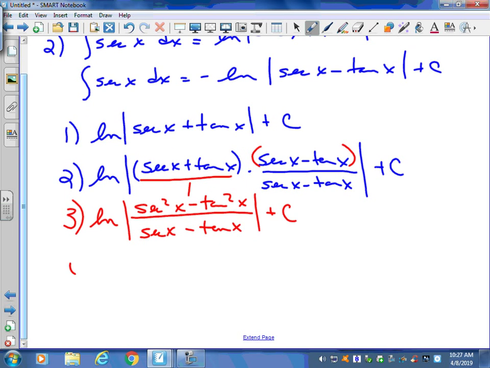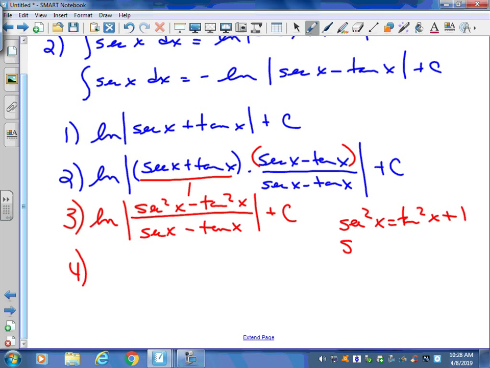So now, at this point, we've got to come up with, what does secant squared minus tangent squared make? Now, you may not remember this, but there is a rule for the Pythagorean that says secant squared of x equals tangent squared of x plus 1. That's a Pythagorean triple that we talked about for trig.